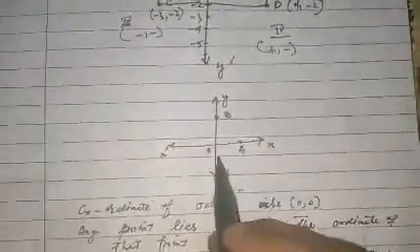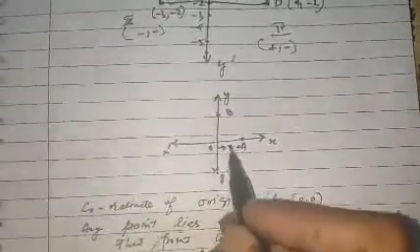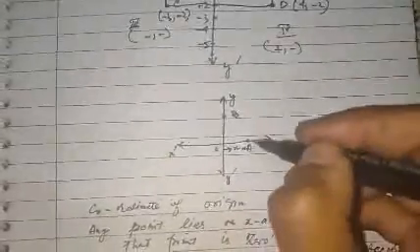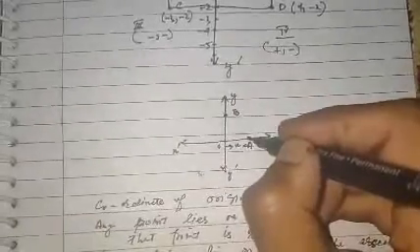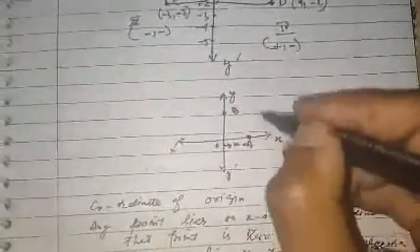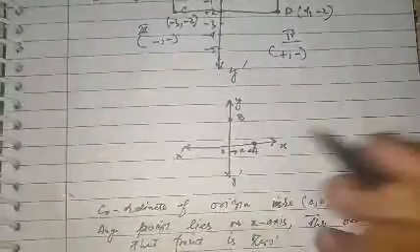Now we observe here point A is away from origin, say x units. X is called the abscissa, the distance along the x-axis. But point A lies on the x-axis. The distance from x-axis of point A is 0. So we can say ordinate of point A is 0.